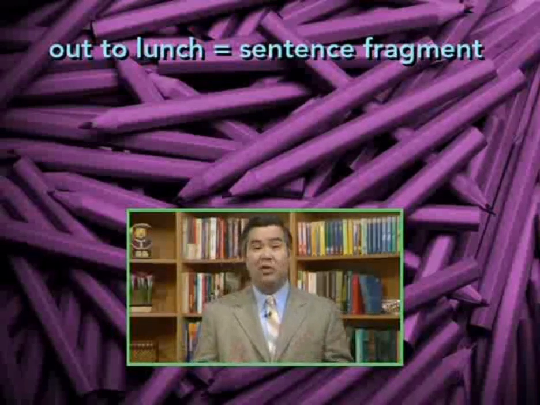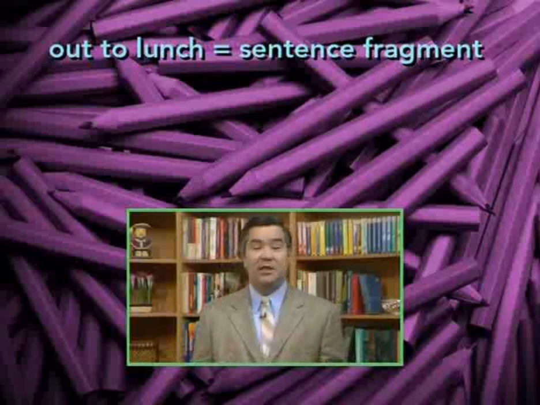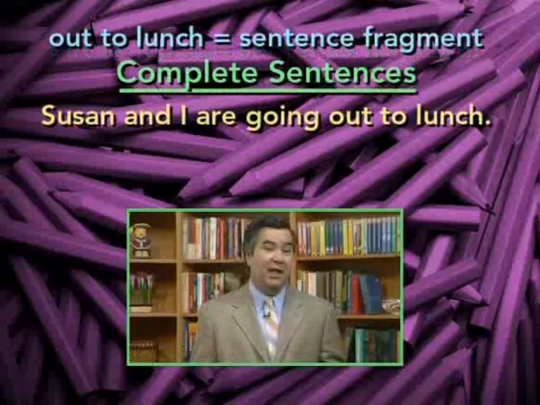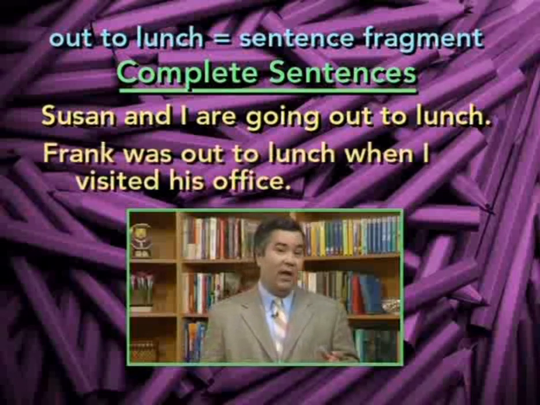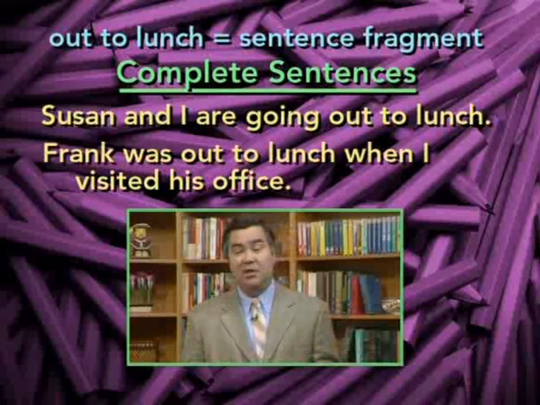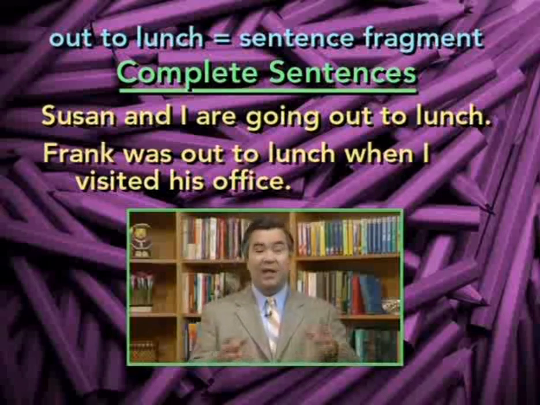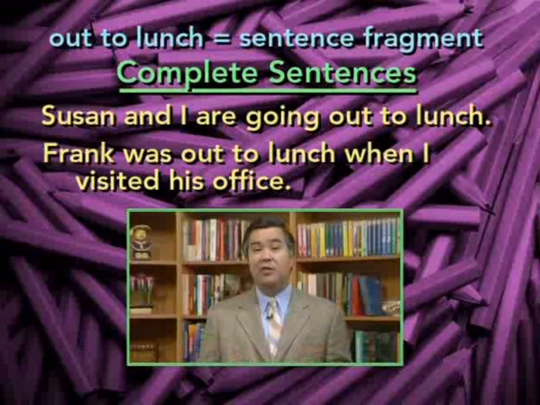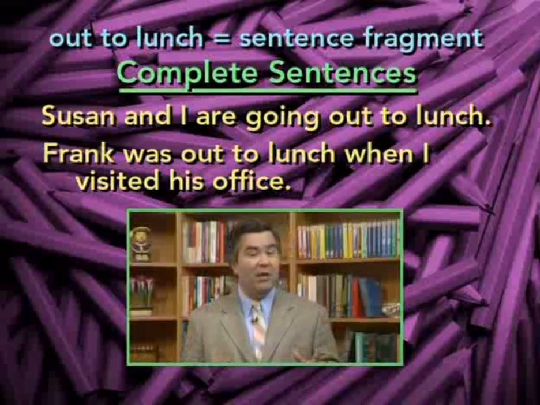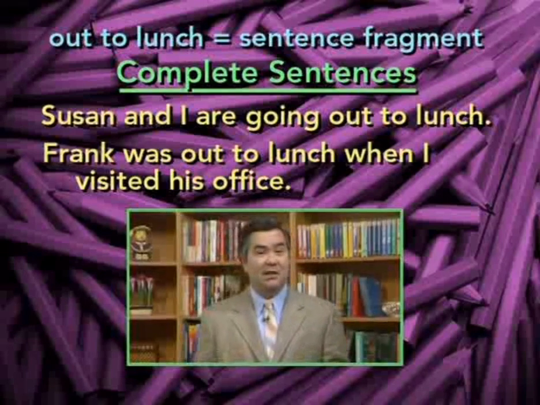The words out to lunch could become part of a complete sentence, of course. You could say, Susan and I are going out to lunch. Or, Frank was out to lunch when I visited his office. Now we have a complete thought, and therefore a complete sentence. But by themselves, the words out to lunch are a fragment rather than a complete sentence.